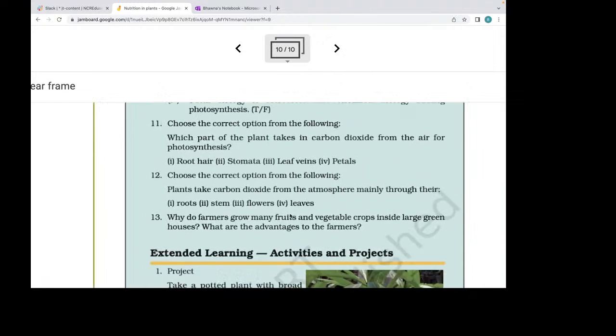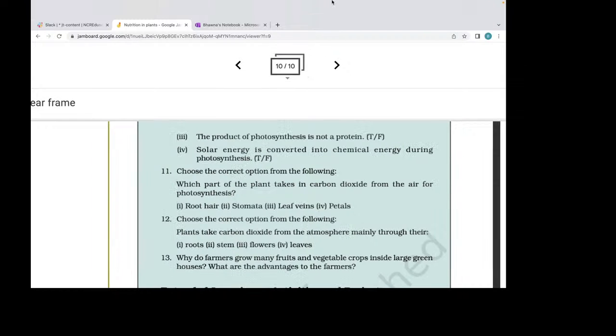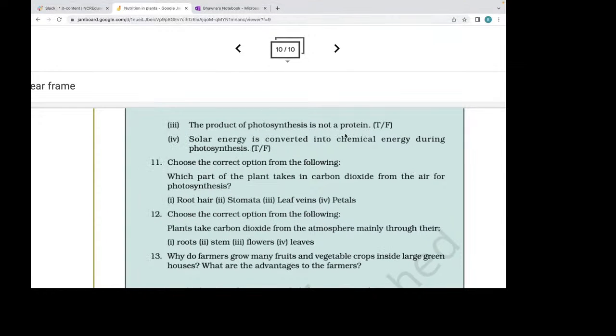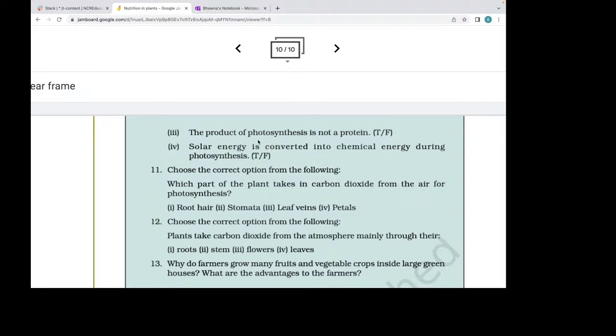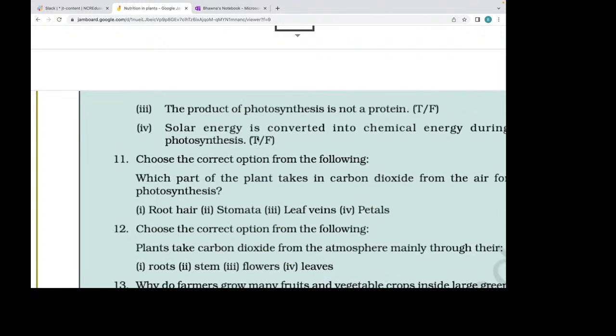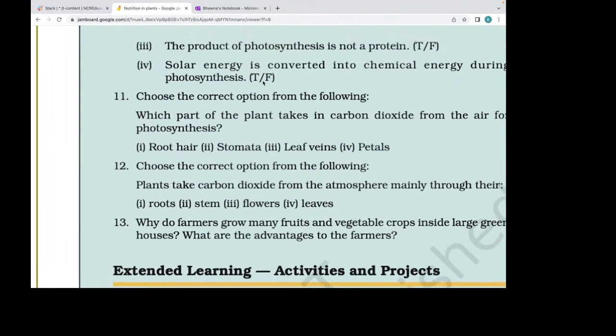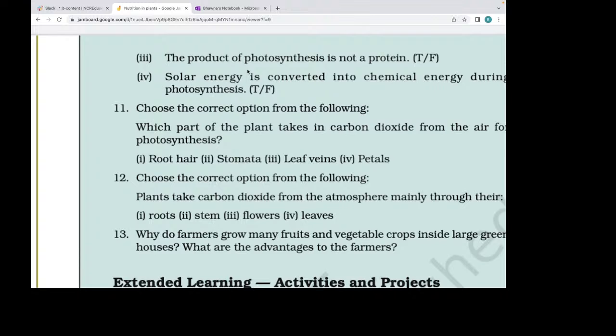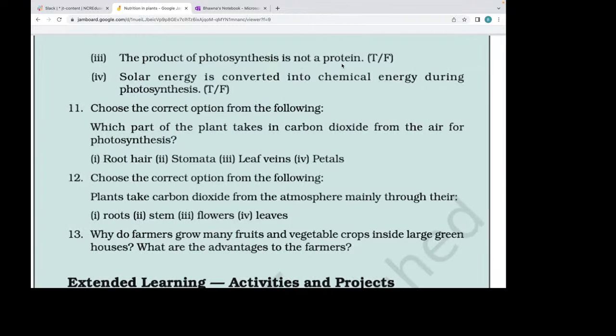Let's move on to the next question, which is the product of photosynthesis is not a protein. Okay, so what else is the product of photosynthesis? It is carbohydrates and oxygen, not protein. So yes, this statement is true. फोटोसिंथेसिस के ड्यूरिंग प्रोटीन नहीं बनता है बल्कि कार्बोहाइड्रेट बनता है.